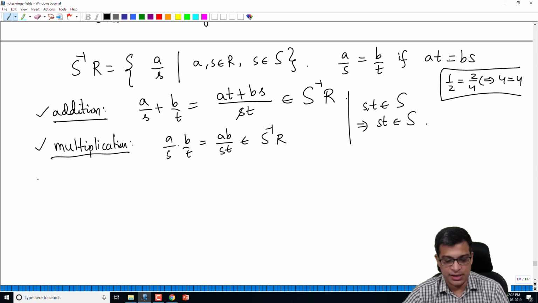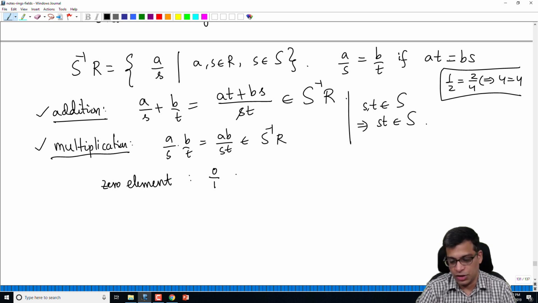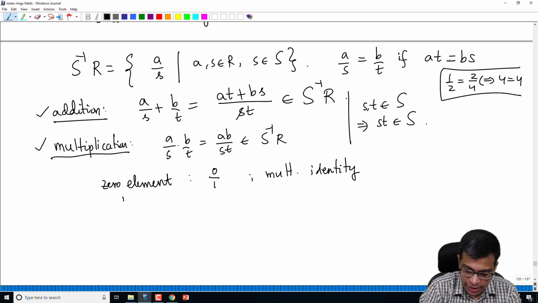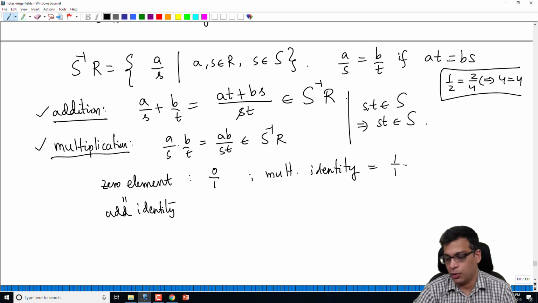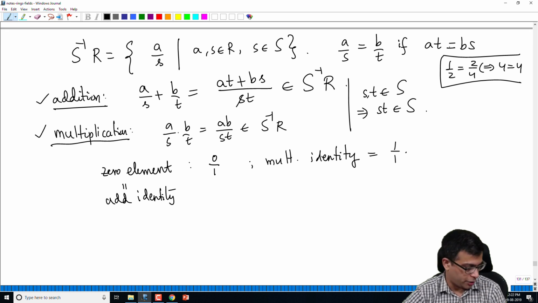One can check that this has all the required properties. The zero element, remember, is the additive identity, and it is 0 by 1 or 0 by any other element. The multiplicative identity is just 1 by 1. 1 is in S, remember, so we can put 1 in the denominator.